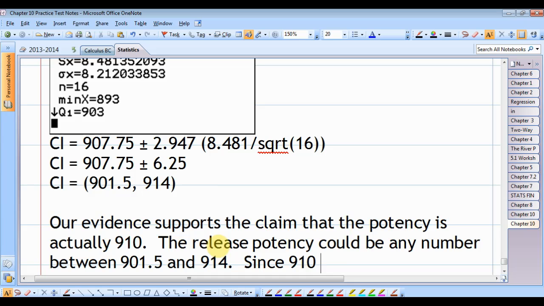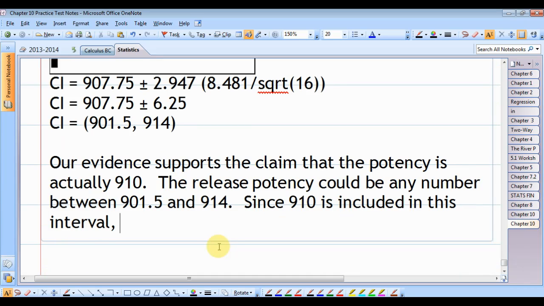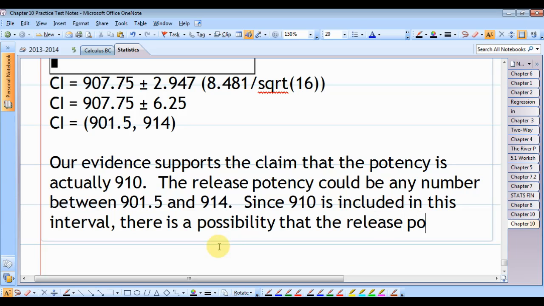Since 910 is included in this interval, there is a possibility that the release potency is 910.